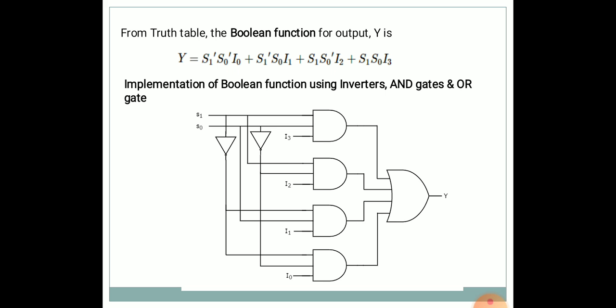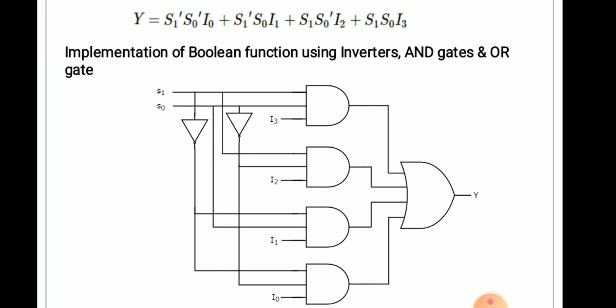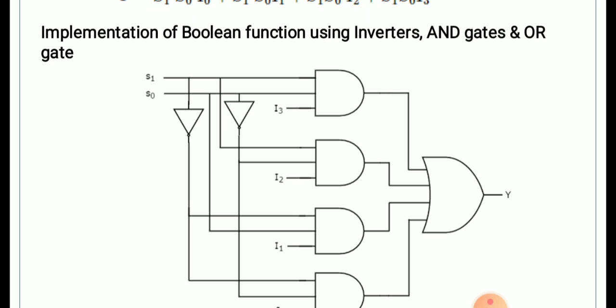The implementation of this Boolean function using AND and OR gates is given in the figure. At first, the values of S1 and S0 are 0. We know from the truth table that at first the values of S1 and S0 both are 0.